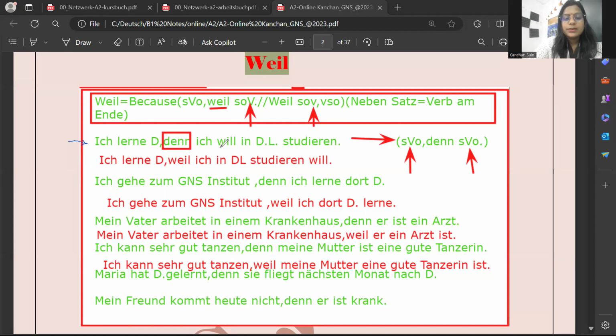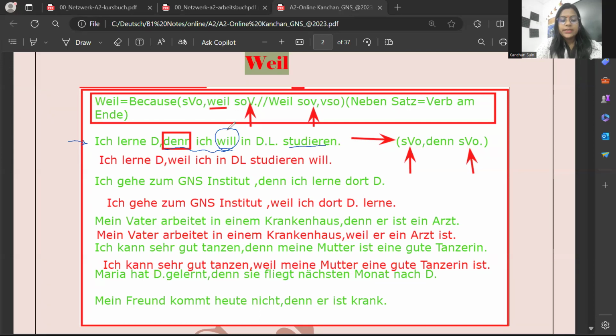The verb here is will, another verb is studieren. As you know, when we have a modal verb in the sentence, the other verb we always keep at the last position. So this is a sentence using the connector denn, and after denn the verb is at second place. In all these sentences with the green color, you have this connector denn and the verb at second place.